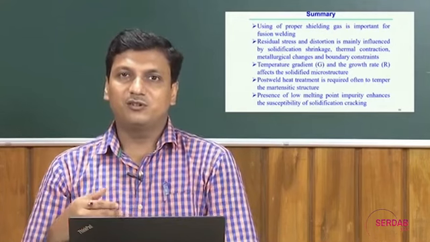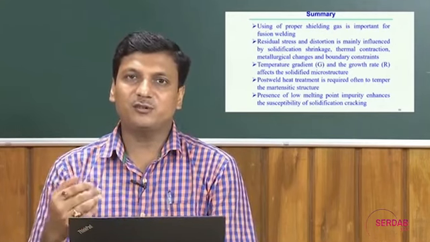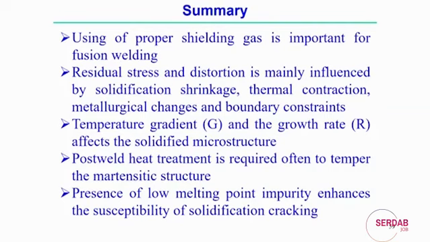So, it is always advised to keep these impurities at a low level, which helps to prevent solidification cracking, or the presence of other alloying elements such as manganese actually neutralizes the effect of these low melting point impurities in an alloy during the solidification process. So, in that sense the presence of a large amount of manganese helps to prevent solidification cracking.